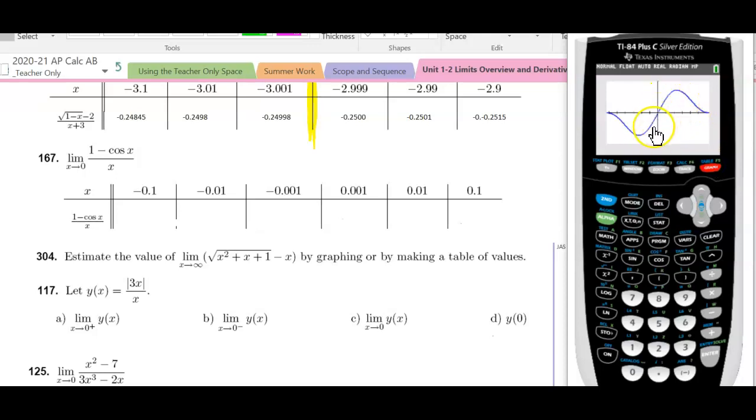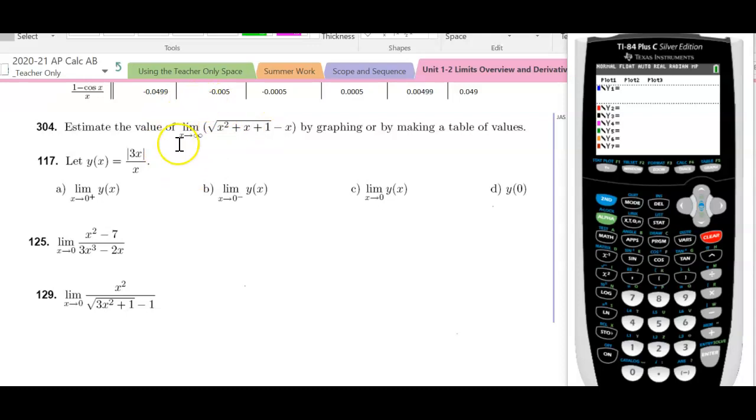We can see that the limit as x approaches 0 appears to approach 0, and then I'm going to use my trace function to verify. There's my first value in the table, -0.049, and then I will fill in the rest. We can see with these filled in values, as we're approaching 0 from the left and as we're approaching 0 from the right, we're getting a limit of 0 for our function.